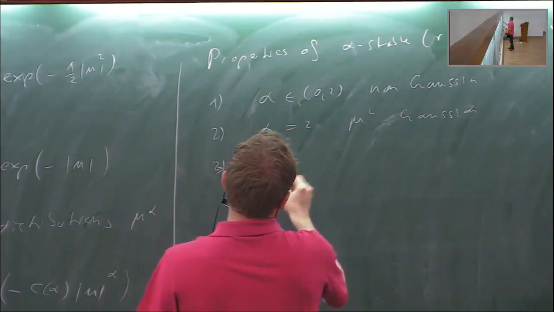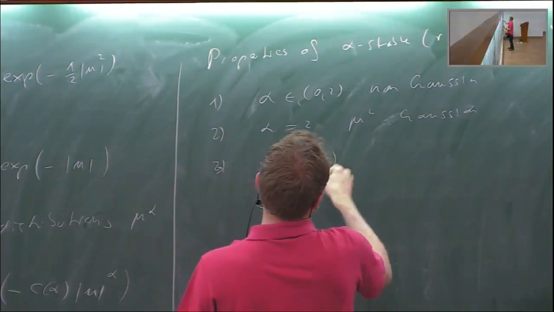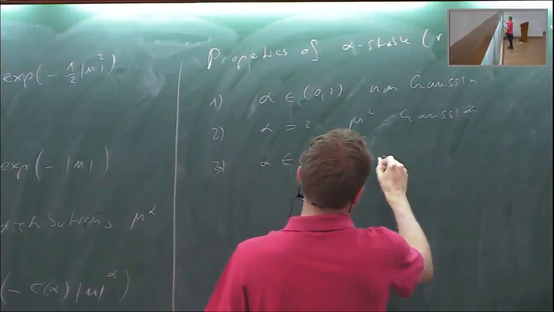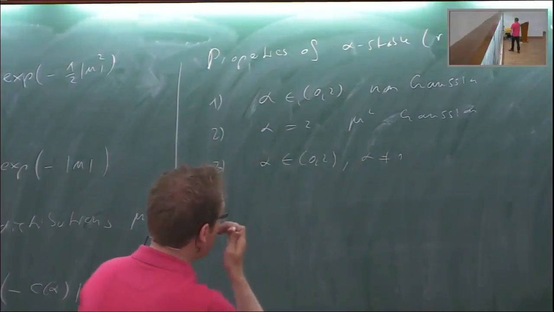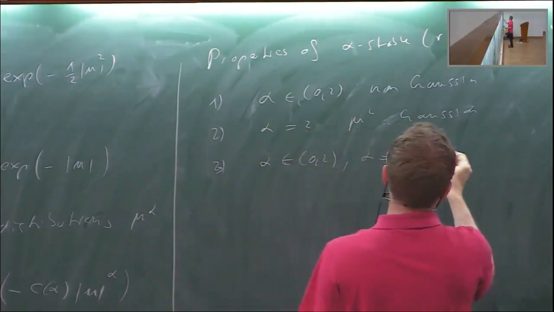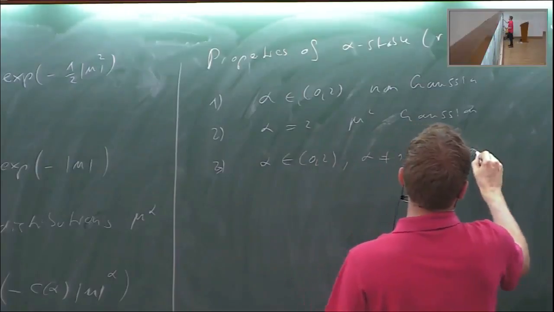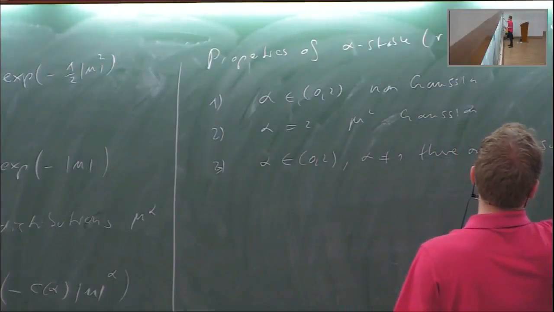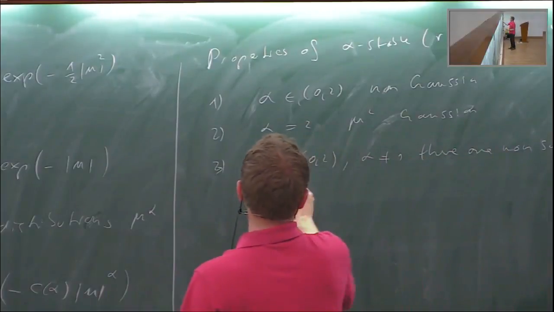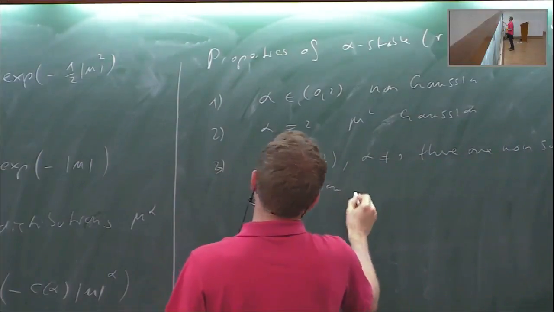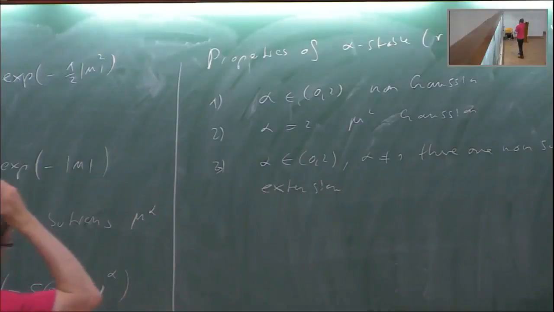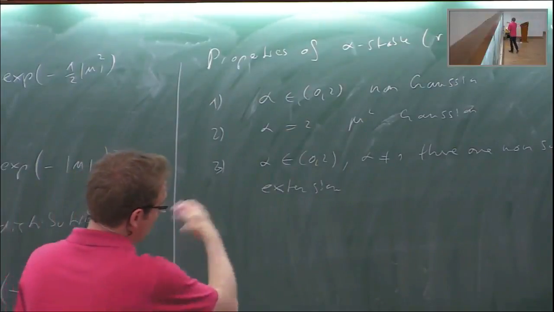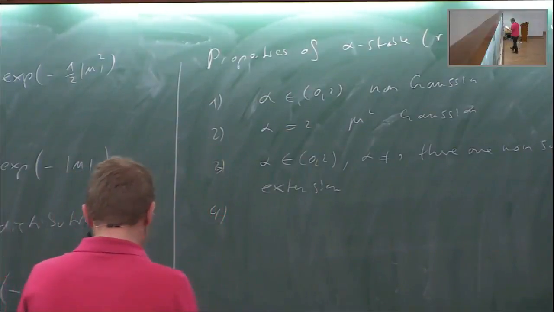Then for all alpha between 0 and 2 which are not 1, there are non-symmetric extensions. I don't want to write them down at this stage. Maybe a little bit later.